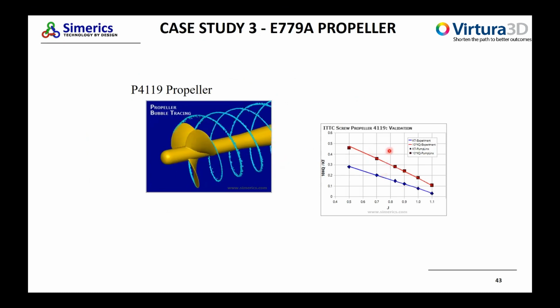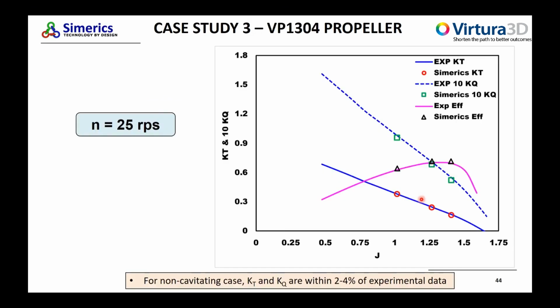Here I have one more validation for the screw propeller 4119, and you can see a comparison between the coefficients, the KT and KQ, for the experiment compared to Simerics. Again, we have a match, with the maximum difference around 4% compared to the test data.